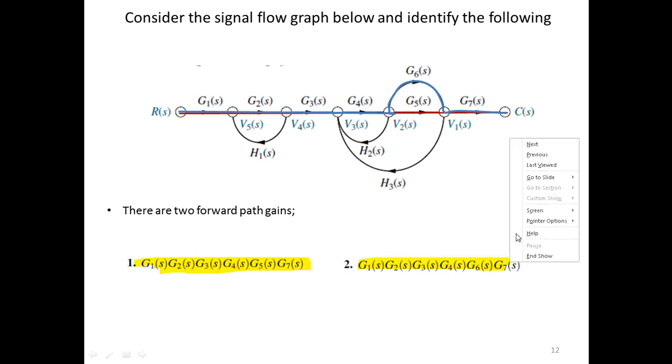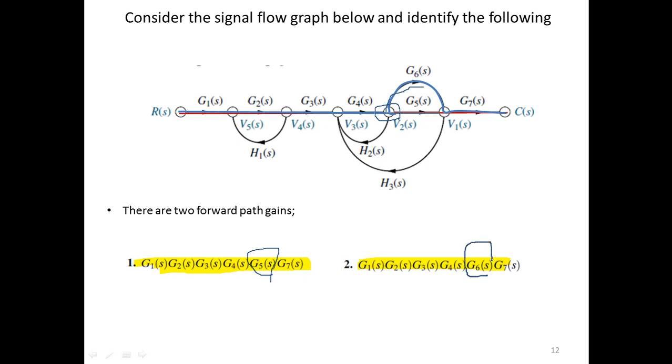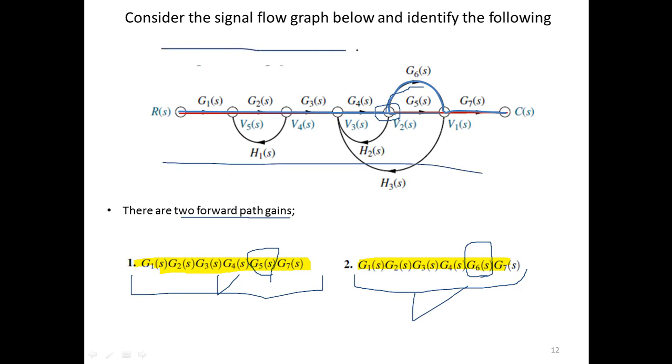When some input arrives at this point, it has two options: either to go with G5 or to go with G6. So you have two paths actually, two forward path gains. One complete forward path gain is this, and one complete forward path gain is this, because you have two paths. One is a straight line and one is something like this.